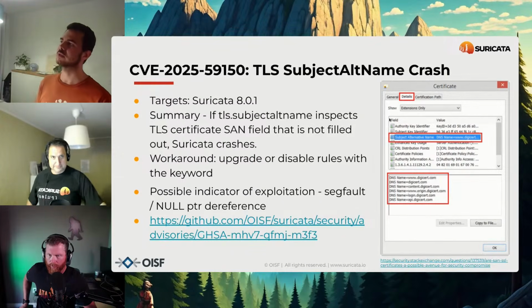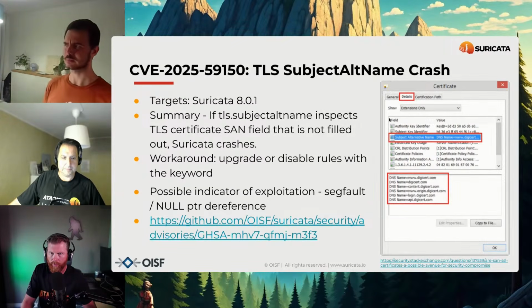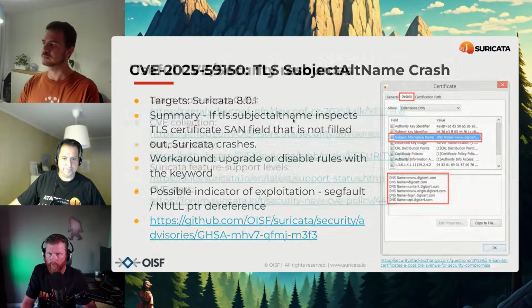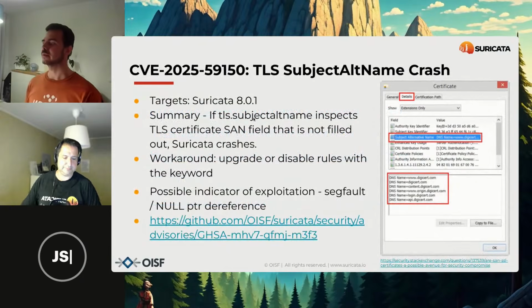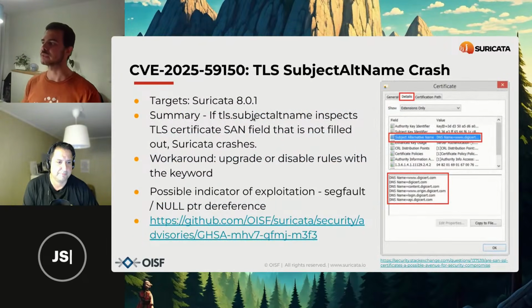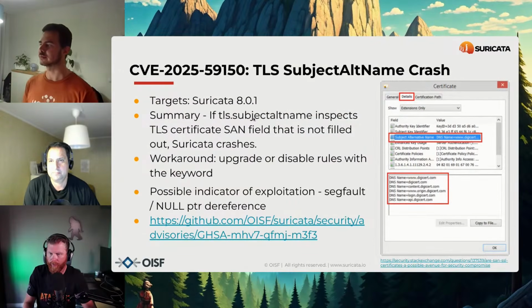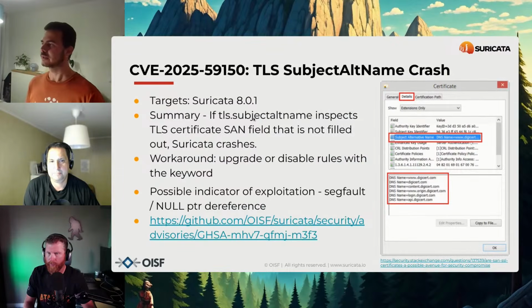Okay, so we are almost at the end. We have the last CVE ahead of us, related to the TLS subject alternative name. If a rule uses the tls.subject_alt_name sticky buffer to inspect the TLS certificate, and the field is present but not filled out, then Suricata might hit a null pointer dereference or segfault.